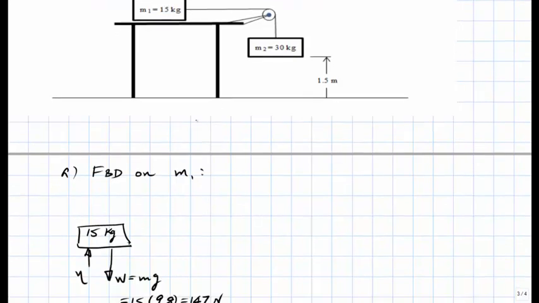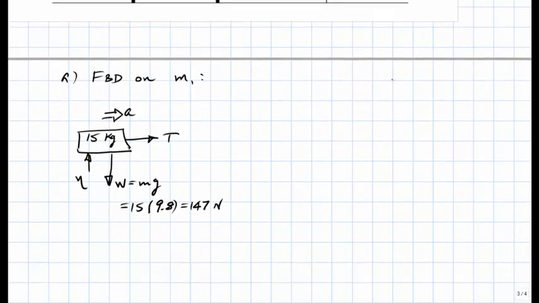We can represent the tension like so, and that tension will create an acceleration directed to the right. So the acceleration could be represented with an open arrow. The reason, again, we use an open arrow is because we want to distinguish between acceleration and all the other forces. In part B, we want to determine the value of this normal force, and we will do that by applying Newton's second law.